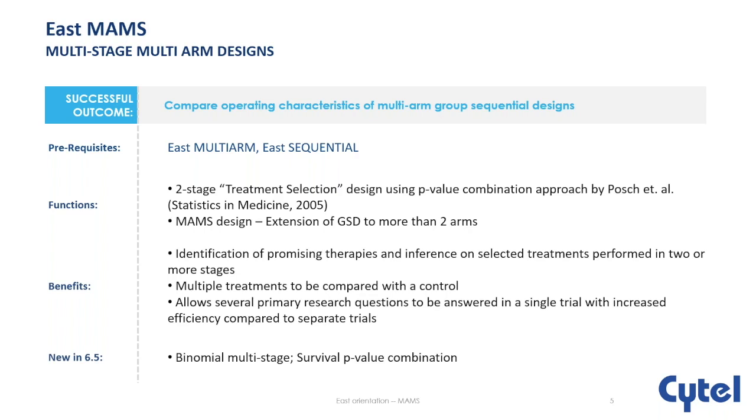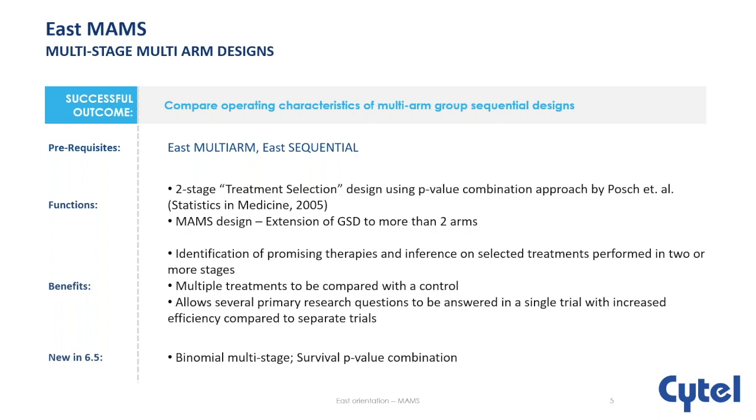So with this approach, you have multiple arms compared to control, you have an interim look, and then at that interim look, you have the opportunity to graduate into the second stage of development the best or the two best treatment arms along with control, and then combine the results of the two stages with a p-value combination function.